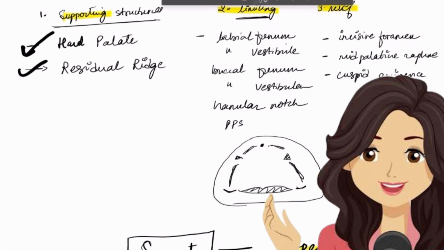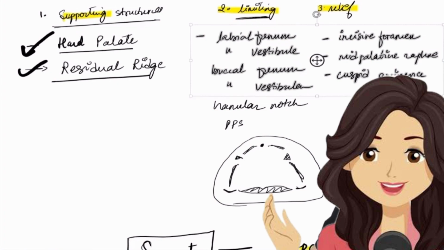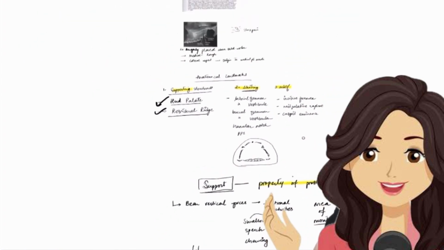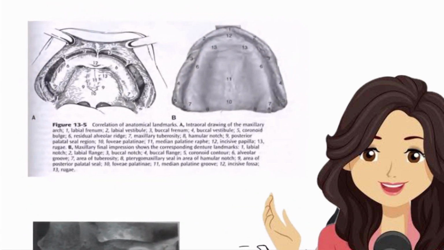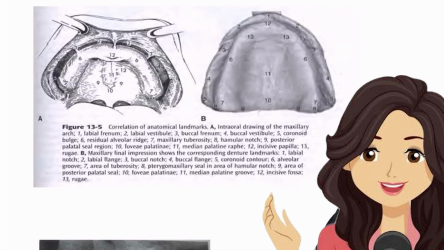We saw our hard palate and we saw our residual alveolar ridge. Now coming on to the limiting structures of your maxilla. But before that, I show the supporting structure here. This is your residual alveolar ridge and this part is called your hard palate.